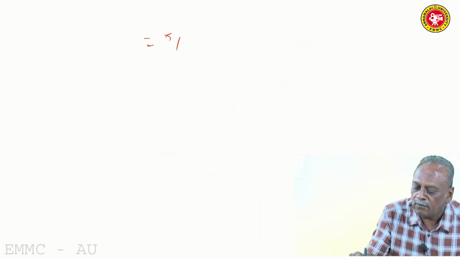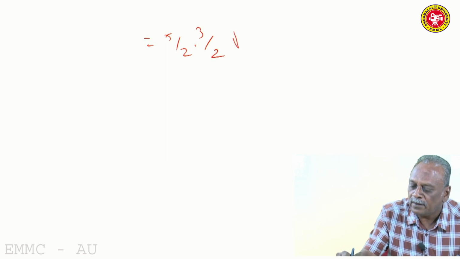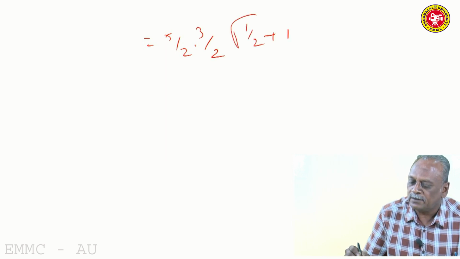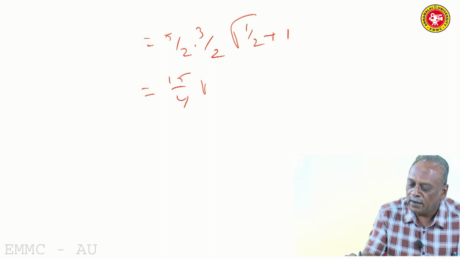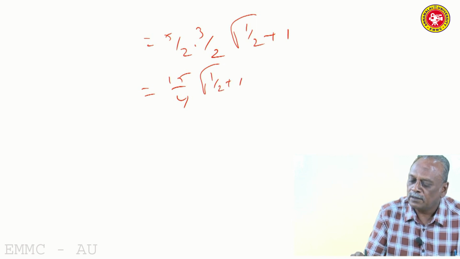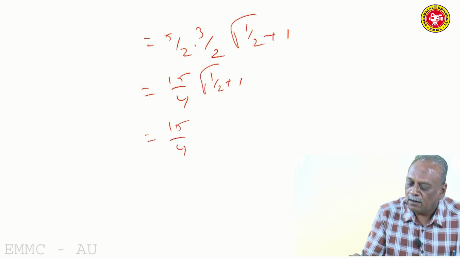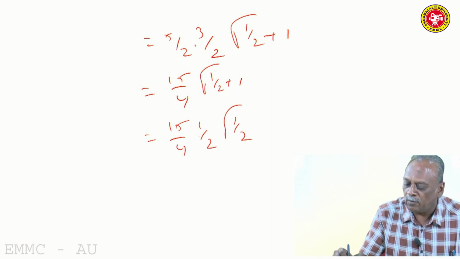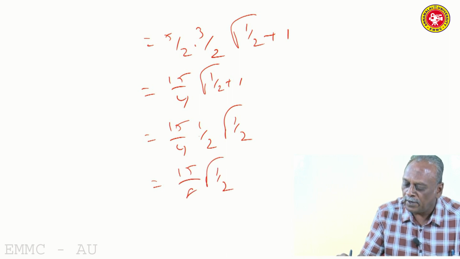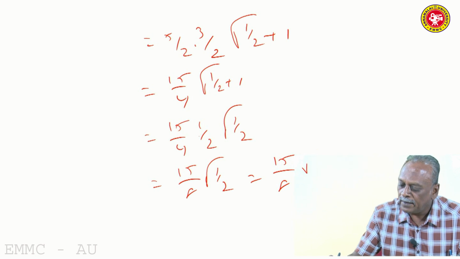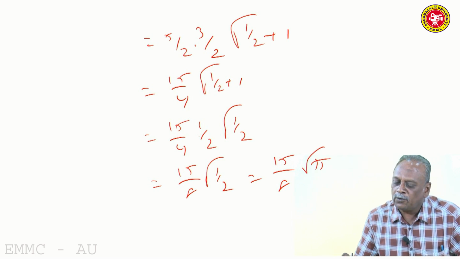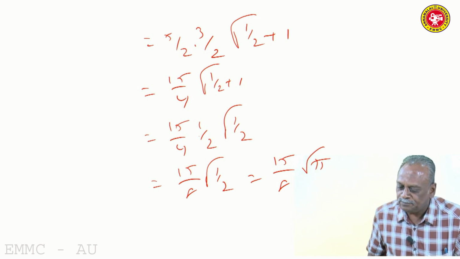Again, gamma 3 by 2 is gamma 1 by 2 plus 1. This is 15 by 4 into gamma 1 by 2 plus 1. Again using the formula, 1 by 2 into gamma 1 by 2. This is 15 by 8 gamma 1 by 2, that is 15 by 8 into root pi. So gamma 1 by 2 equals root pi, which we will prove later.